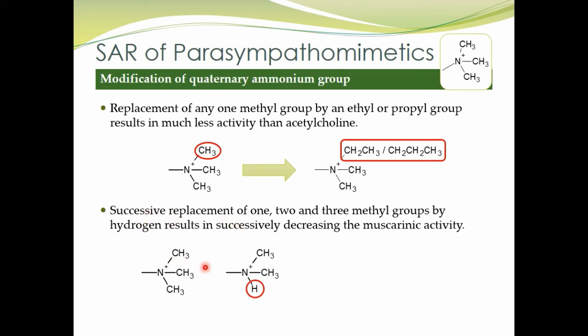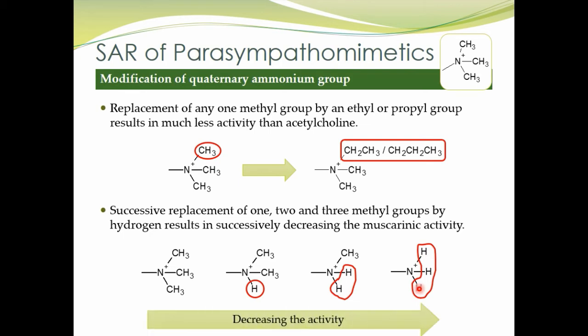Successive replacement means if we replace methyl groups one by one by hydrogen, one methyl is replaced by hydrogen, two methyl groups are replaced by hydrogen, three methyl groups are replaced by hydrogen, so that activity is decreasing successively. Means this compound has less activity, this compound has again less activity, and this compound is least active.